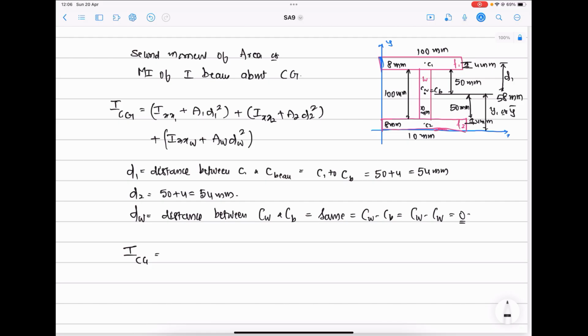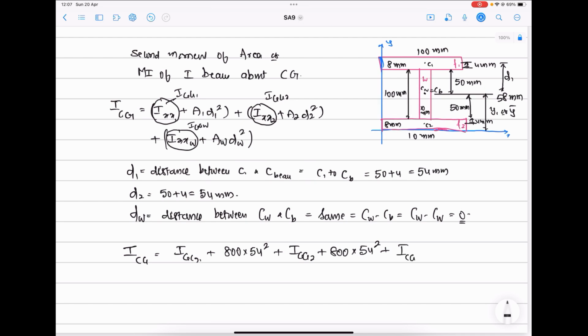It is not IXX, we can even say ICG1, because IXX1 is just confusing and everywhere we are using ICG. So ICG1, ICG2, ICG web. Then ICG1 plus A1, which is 800, and D1, 54 square, plus ICG2 plus 800 into 54 square plus ICG web.